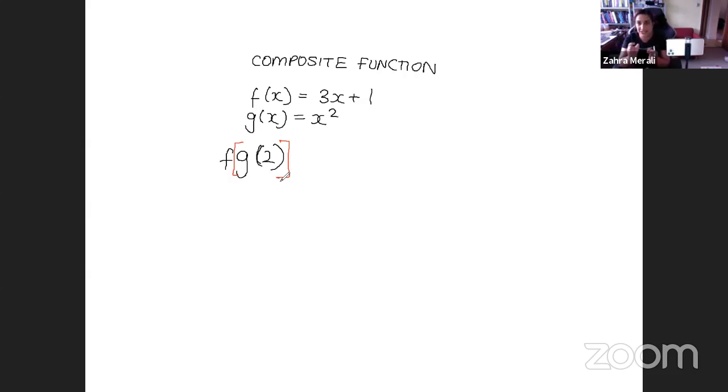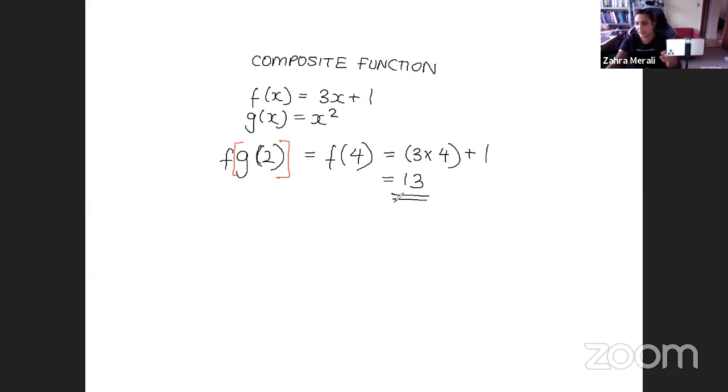So when I do that, I get 2 squared, which gives me 4. So actually, I can replace that with a 4. And then I'm putting 4 into the x of f. So I've got 3 times 4 plus 1, so 12 plus 1, which gives you 13.